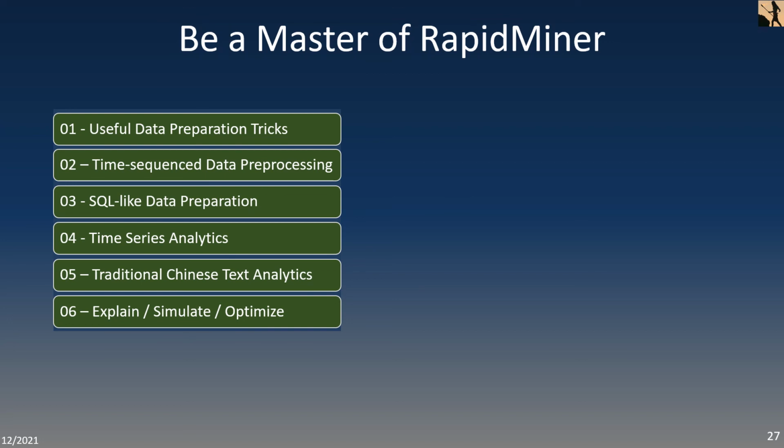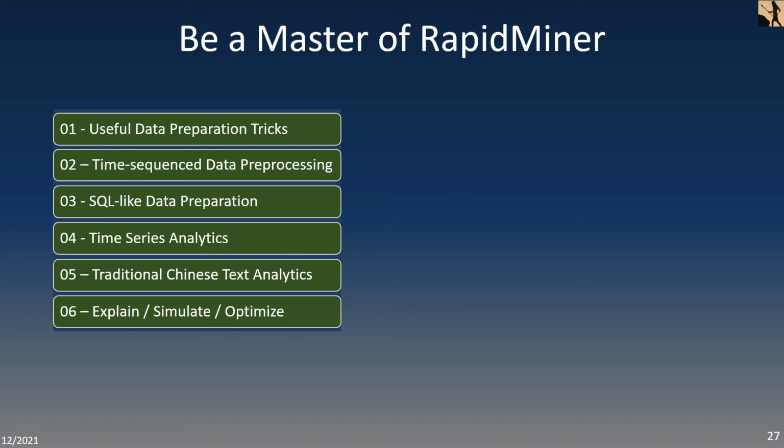And the number 5 will be presented in Mandarin, I believe. It is about traditional Chinese text analytics, where I will try to fill in the gap by using a Chinese segmentation tool. And the very last is about model interpretability.